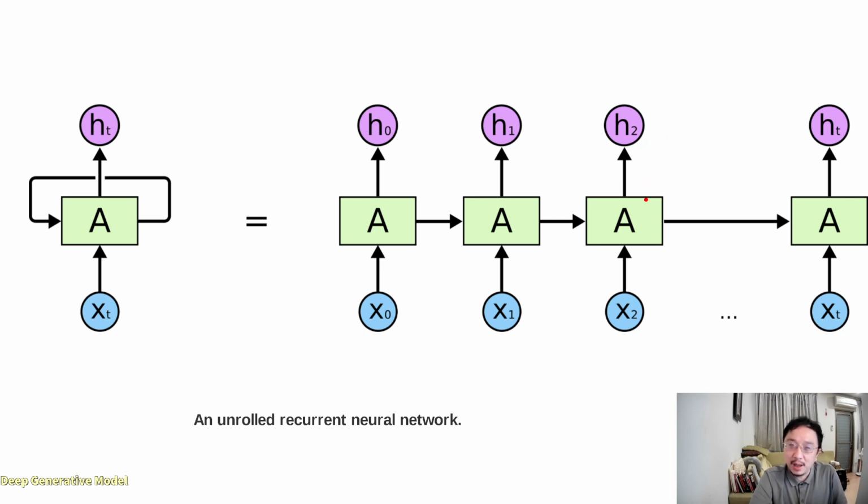But it typically takes a sequence as the input of this RNN model. Okay, so that's one way of viewing the RNN. The other point of view is to treat this RNN, this neural network, as pretty much like the usual neural network, except it has a memory, which is also called the state.